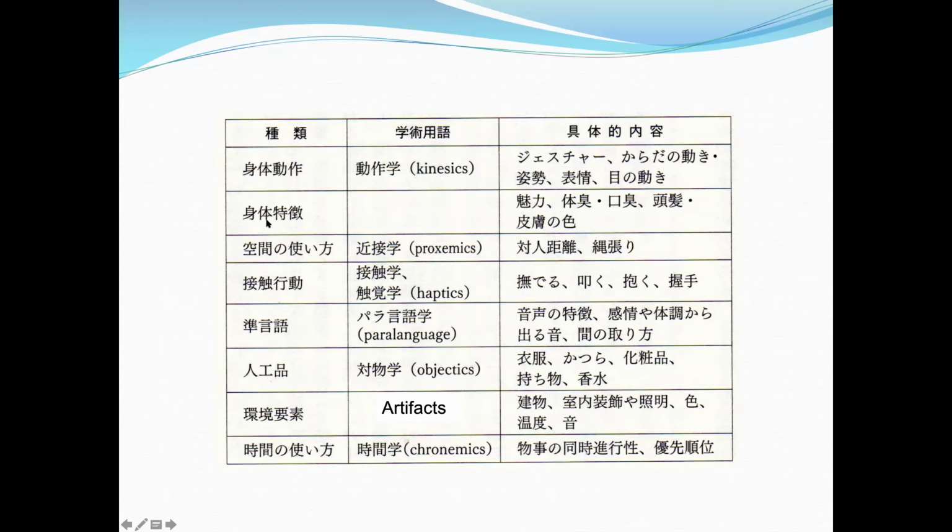All right, Shintai Tokucho, physical characteristics, we don't talk about that today as nonverbal communication, because body type, hair color, skin color are just innate things. From the very beginning of your life, you have that kind of thing, or you don't.